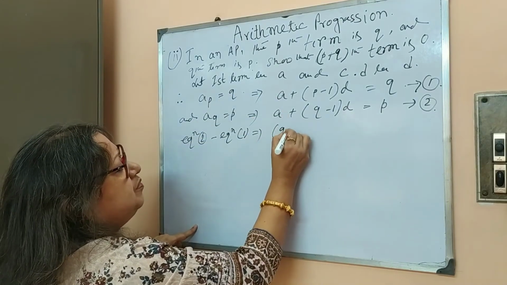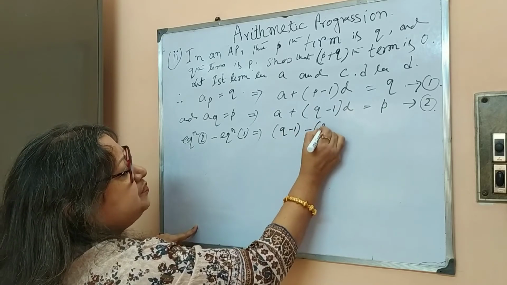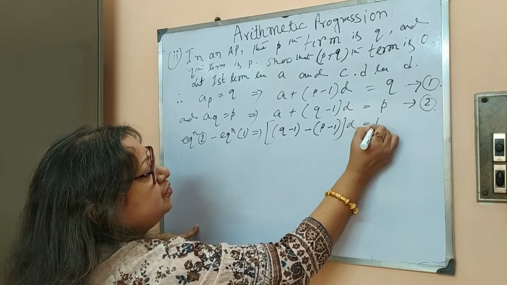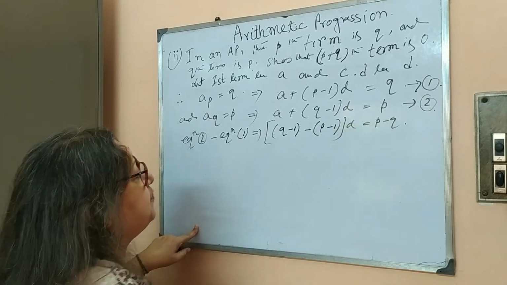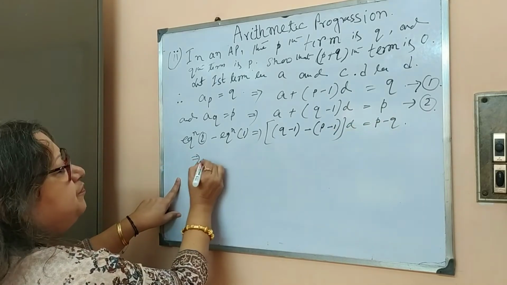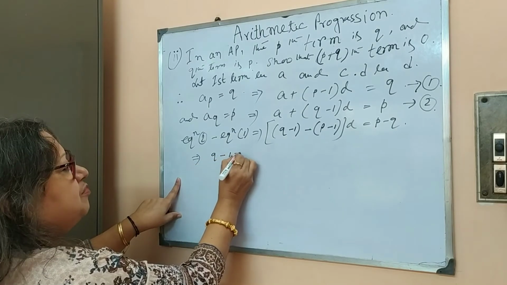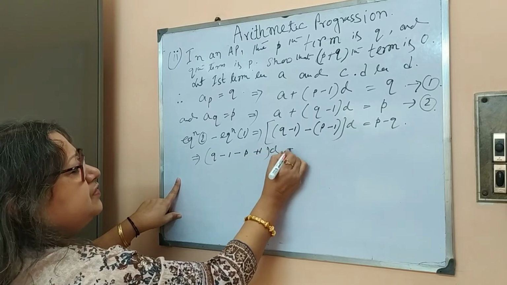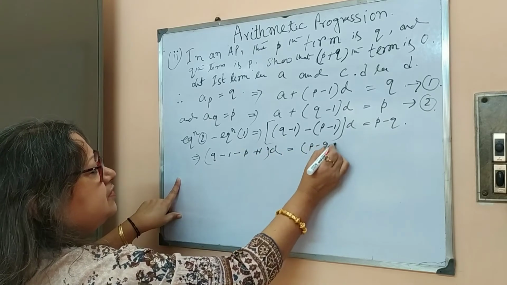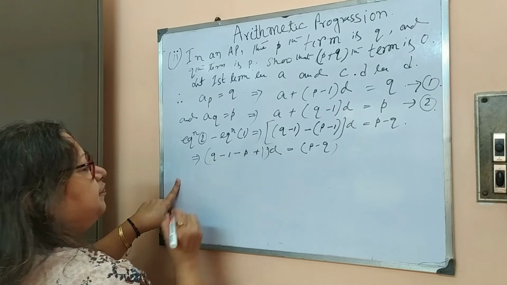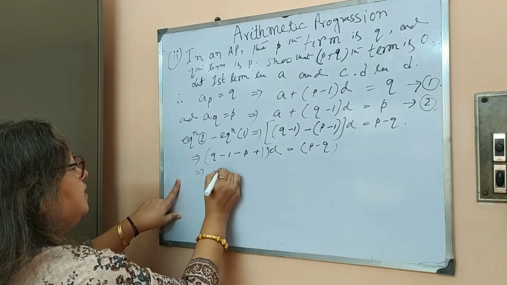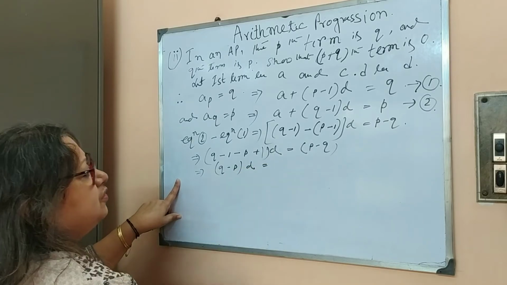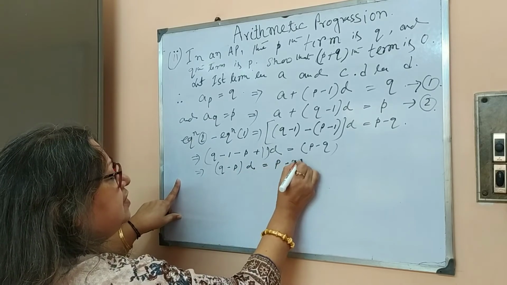Then q minus 1 minus p minus 1 into d is equal to p minus q. This implies q minus 1 minus p plus 1 into d is equal to p minus q. Okay. This implies q minus p into d is equal to p minus q.